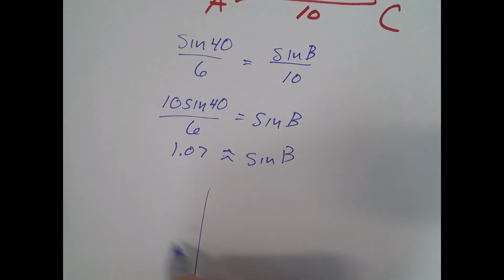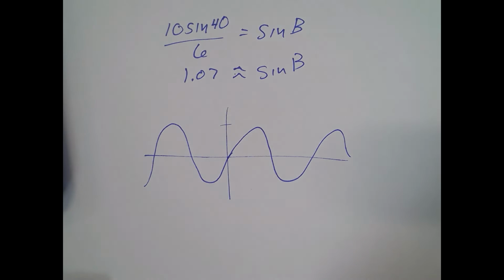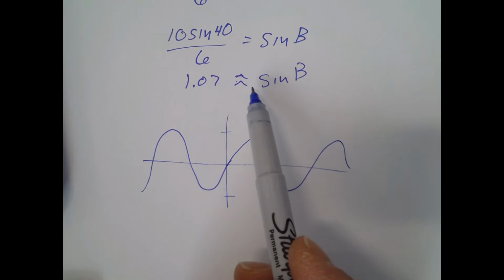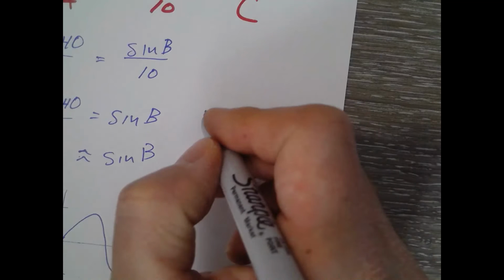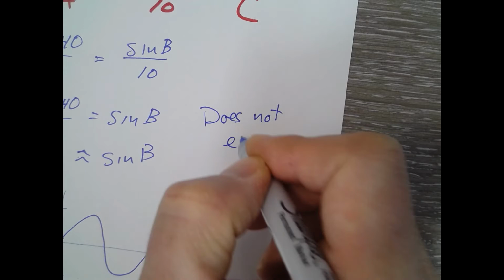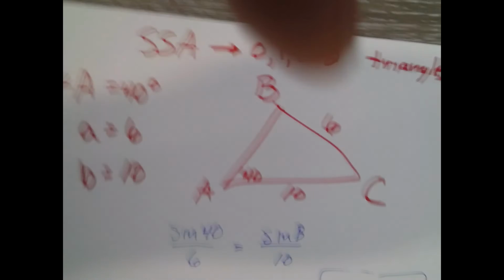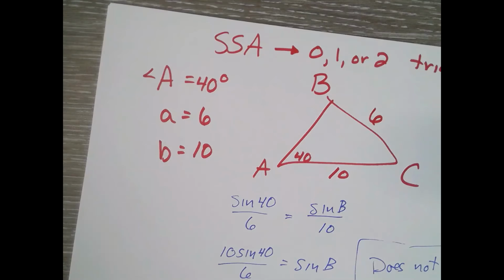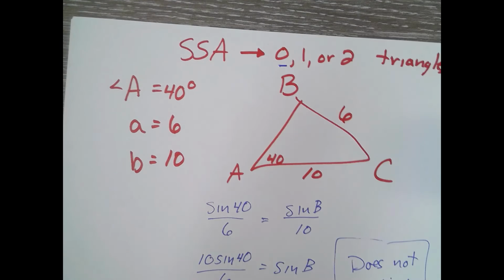You remember the graph of sine? When will it be 1.07? No. What's the highest it could be? 1. It'll never be 1.07. It'll never be below -1. So it's impossible to have an angle that has a sine of 1.07. Okay? So what's our answer? Does not exist. So there is no triangle that has this as your criteria. It just doesn't exist. Okay, so that's one possibility. 0 triangles.